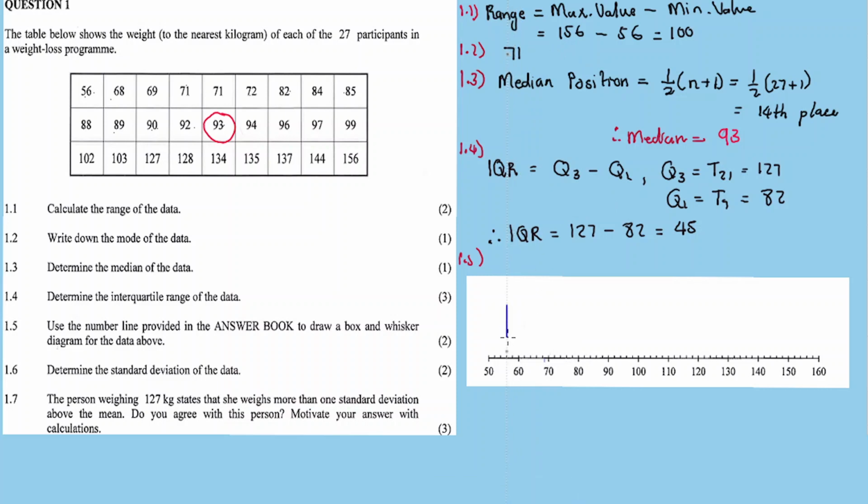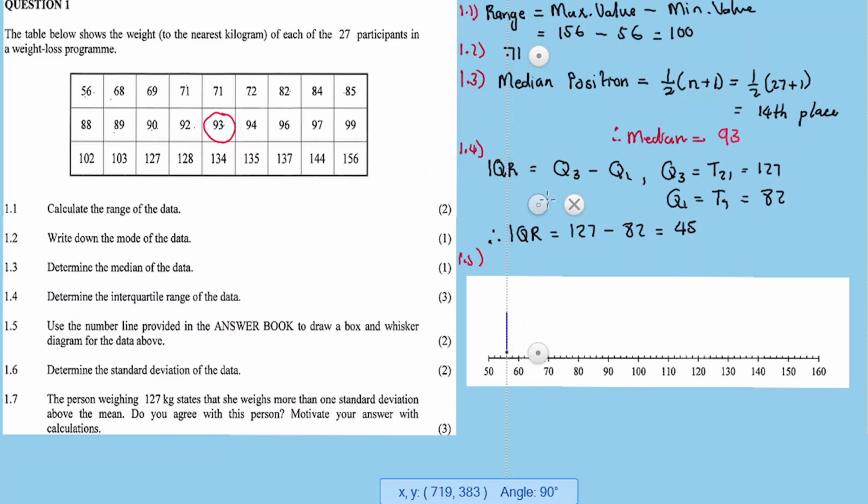Here we go. Boom. This is the minimum value.